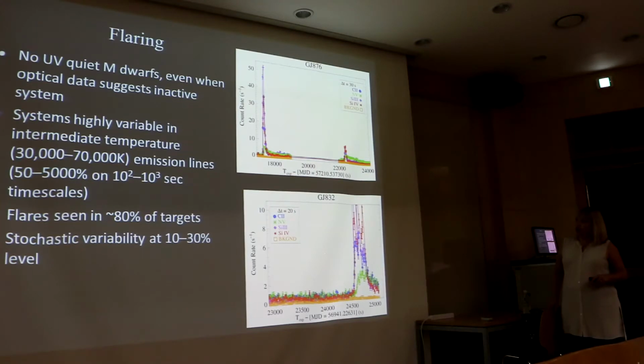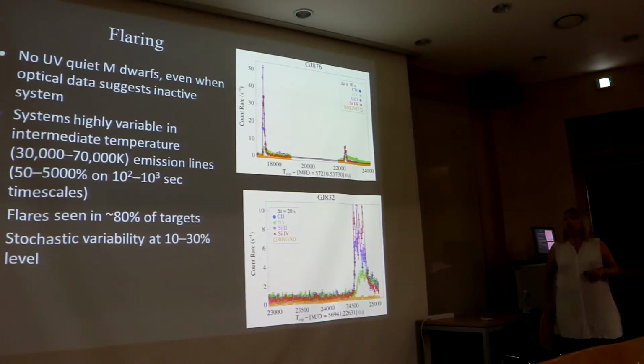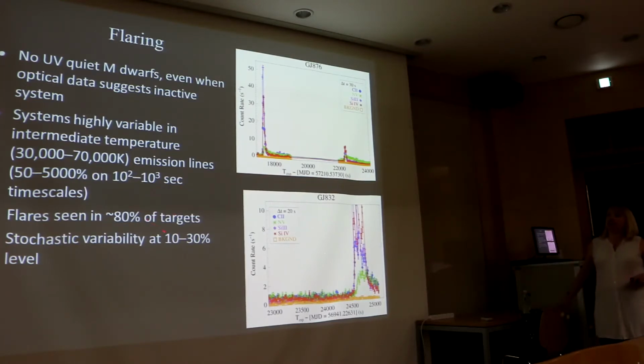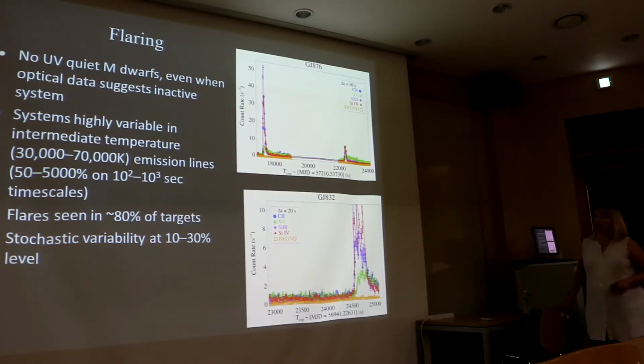These flares show up in different species, so this is a flare in one of our targets where you can see carbon and nitrogen and silicon, but there's no flare in any background light. So all of our stars flare. Well, I said 80% of the targets, but one of them we think we just didn't have good enough data. And even when they're not flaring, they have low-level variability at the 10 to 30% level all the time.